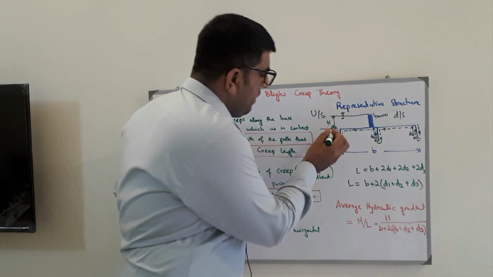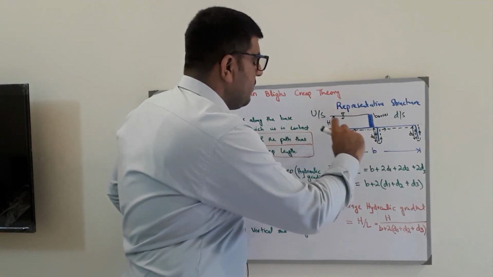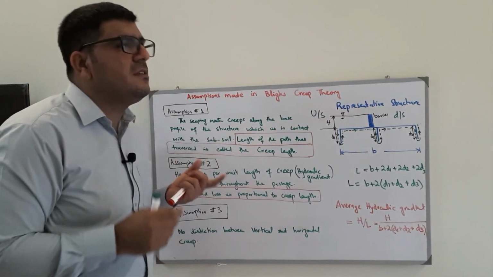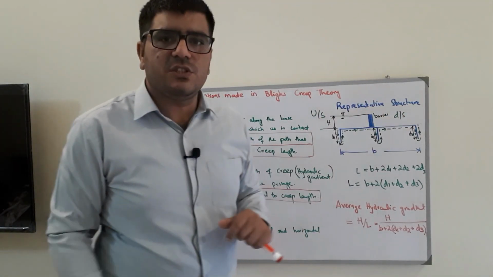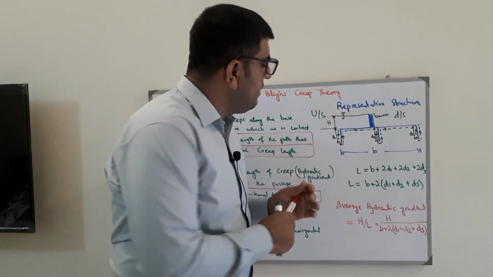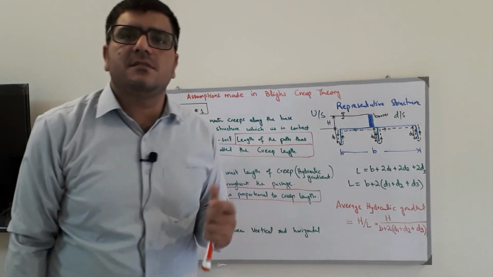It started from here, so d1 downward and then d1 back towards the upstream side, because of the assumption that the water particle creeps along the base profile of the structure. So 2d1, then 2d2, 2d3, and the total distance b.